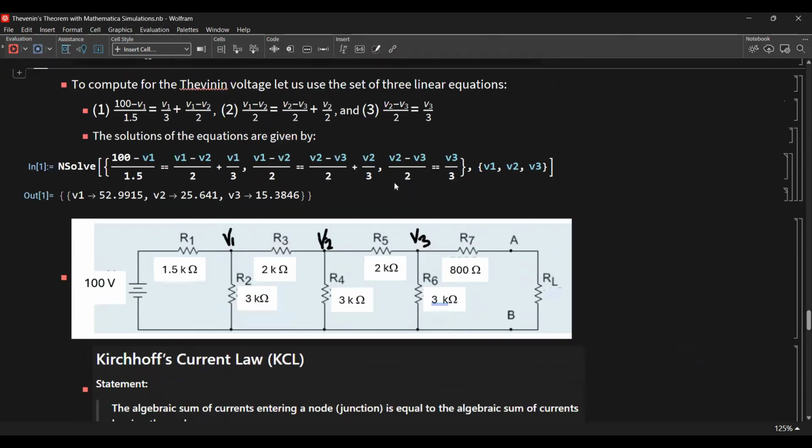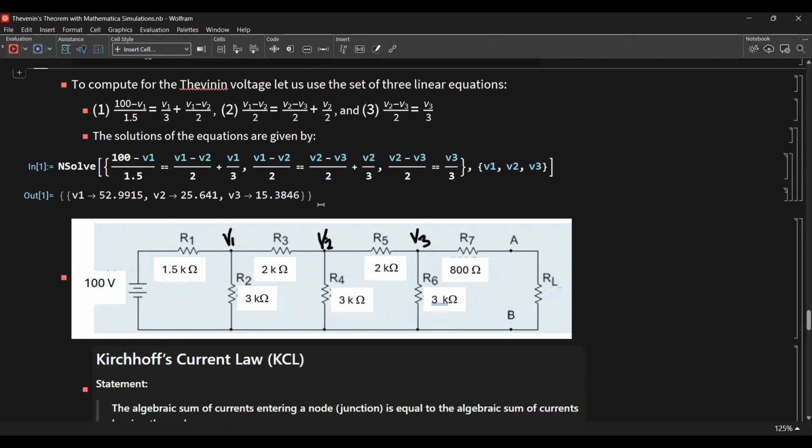Okay. So when we solve these equations, here in 2, we have V1 minus V2 divided by 2, and this is equal to the sum of the current entering R5, V3 minus V2 over 2, plus the current entering R4 here, V2 over 3.